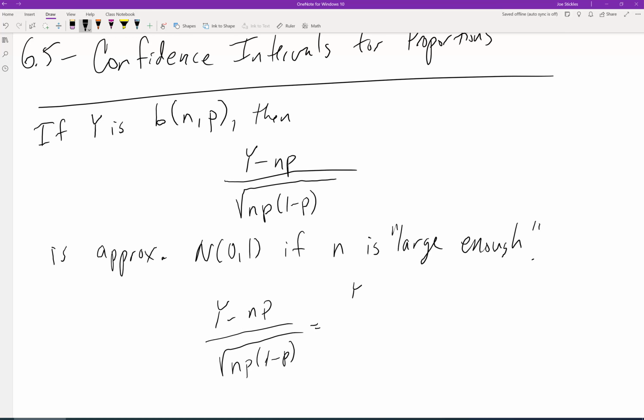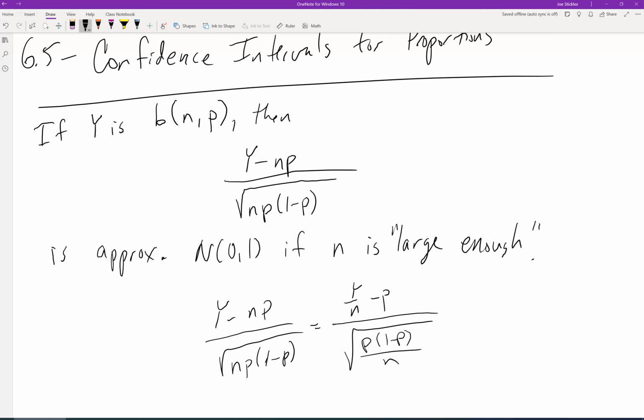You get Y over n minus p over, when I divide the bottom by n, to be able to get it under the radical, I would rewrite it as square root of n squared, right? And then your n's would cancel under the radical, so you'd have p times 1 minus p over n.